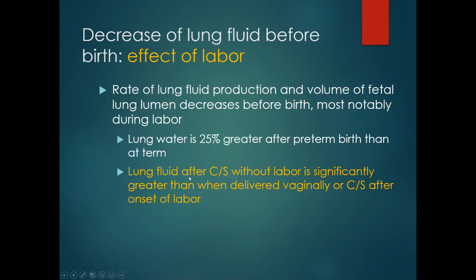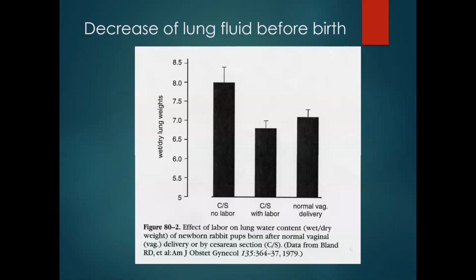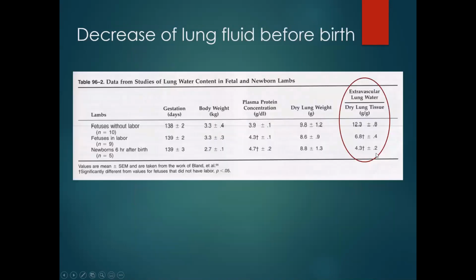So the lung liquid after cesarean section without labor is significantly greater than when delivered vaginally or after cesarean section after the onset of labor, as demonstrated in the previous slides. This is just a summary of what we just talked about, okay? Again, decrease of lung fluid before birth.